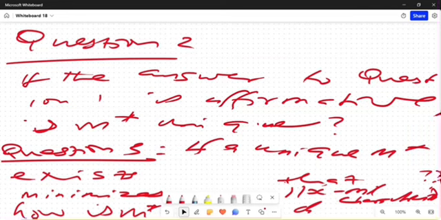Number 2: if the answer is yes, is M star unique? In other words, is there only one M star? And lastly, if a unique M star exists which minimizes the norm of X minus M, how do we characterize such an M star? Those questions will be answered by the following theorem.